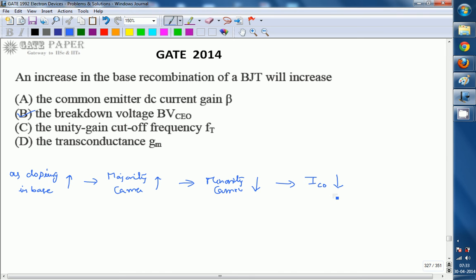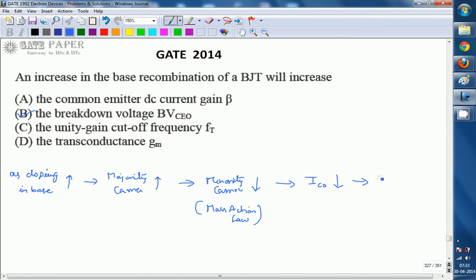As doping increases, majority carriers increase and minority carriers decrease, because of the mass action law. So reverse saturation current is reducing.